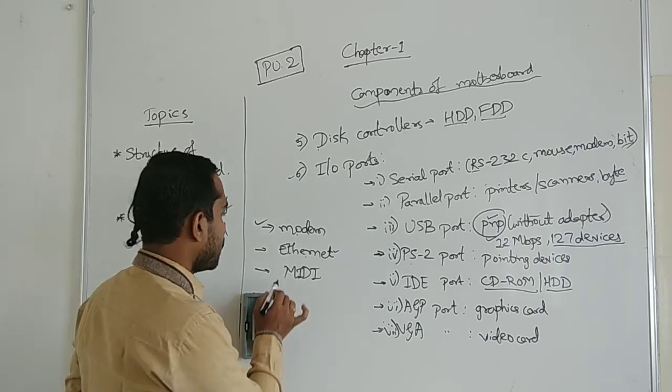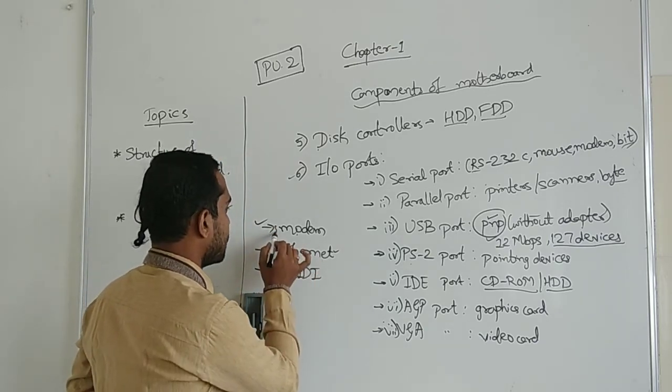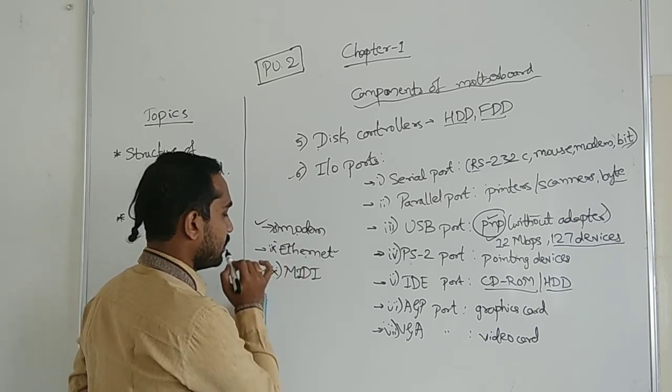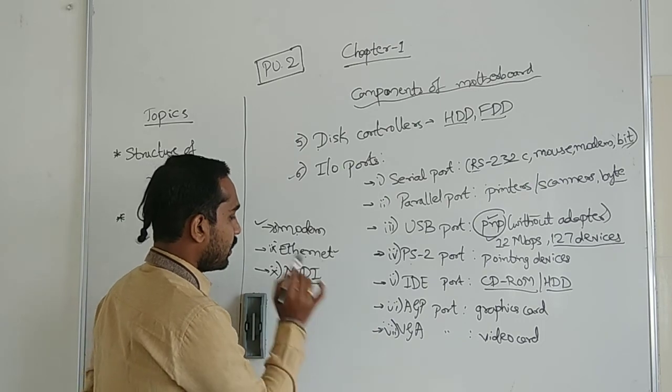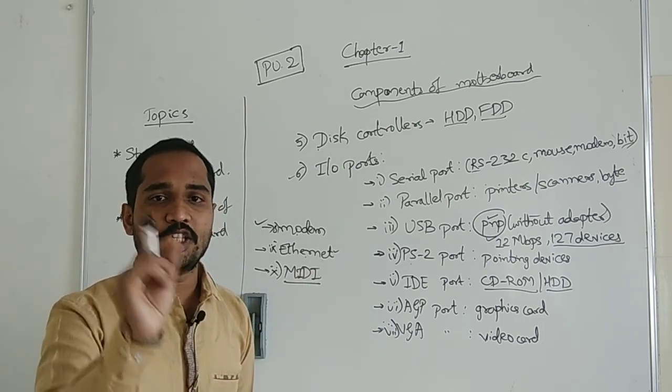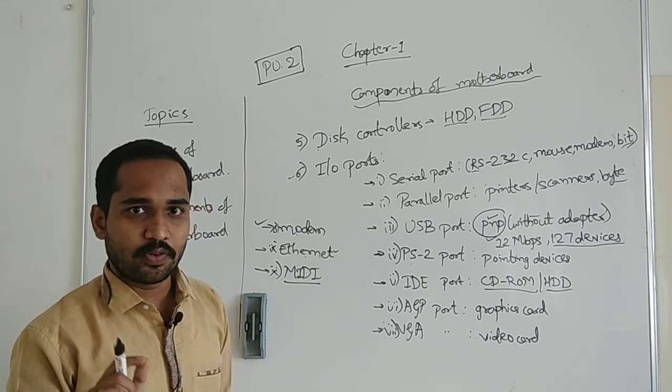And the last port is MIDI. This is 8th, this is 9th, and this is 10th. Correct? So, the last port is MIDI, Musical Instrument Digital Interface. Please remember the full form.